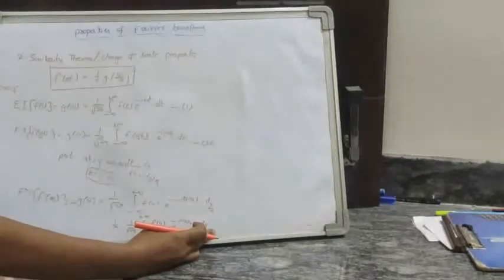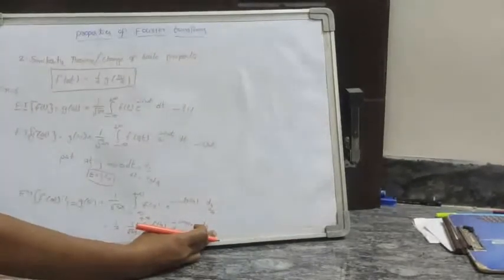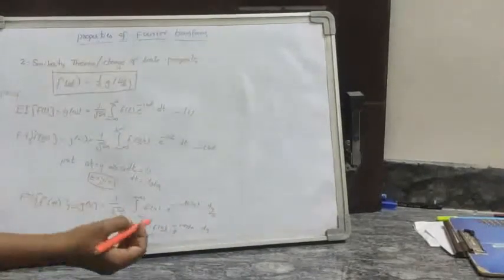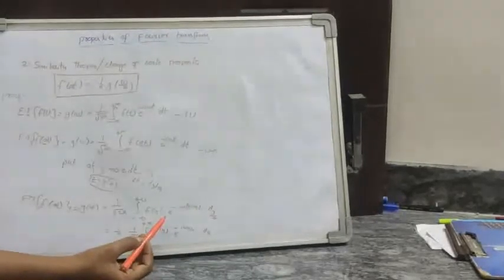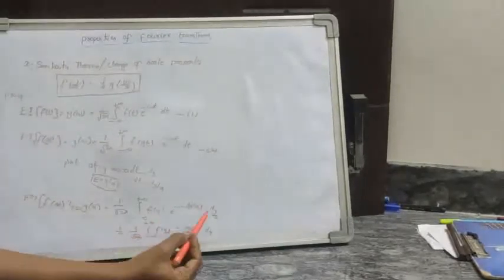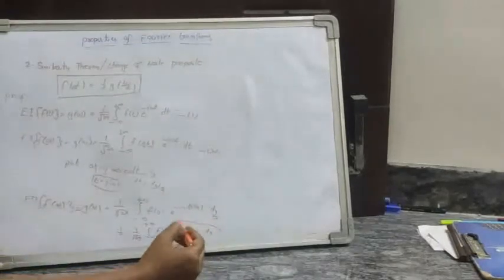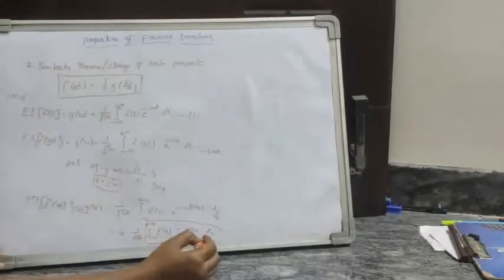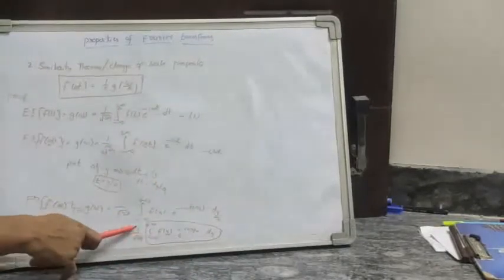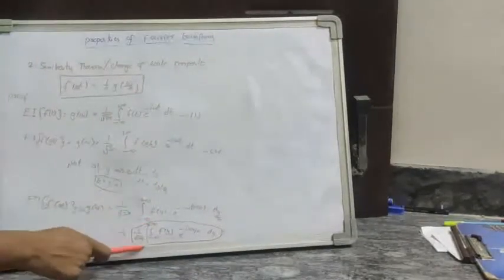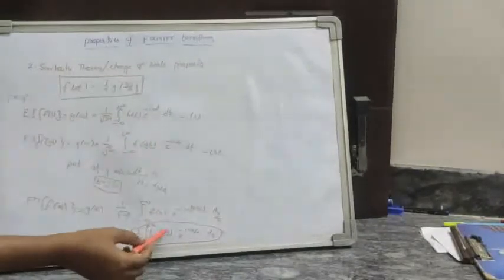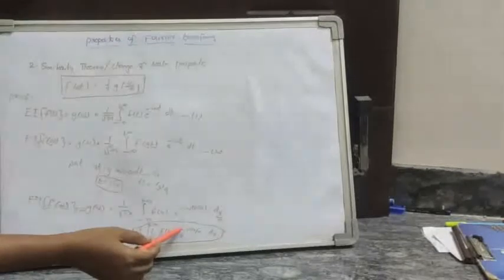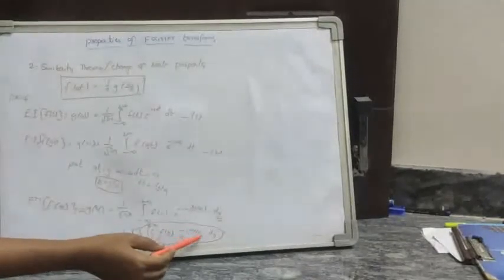Similarly, we are going to express this whole term as g of omega by a. This is similar to g of omega as we have defined: 1 by root 2 pi integral, with f of y in place of f of t, e power minus I omega y by a into dy.